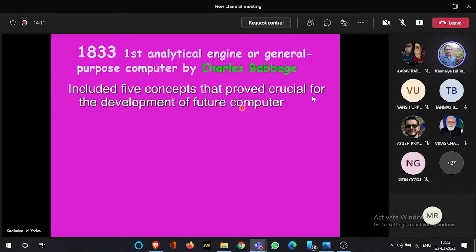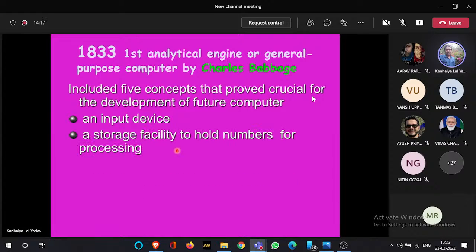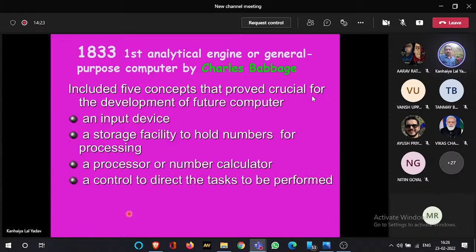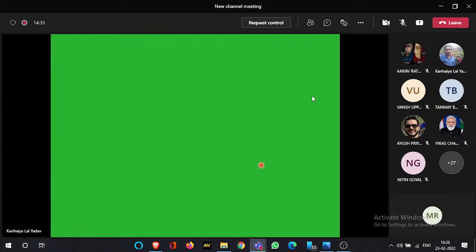And it included 5 concepts that are crucial even today: an input device and a storage facility, then a processor or the number calculator, then a control to direct the tasks to be performed, like CPU, and then an output device. So these are the 5 main parts still part of the computer.